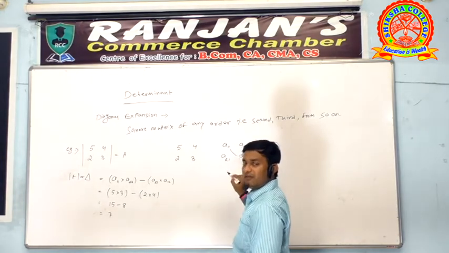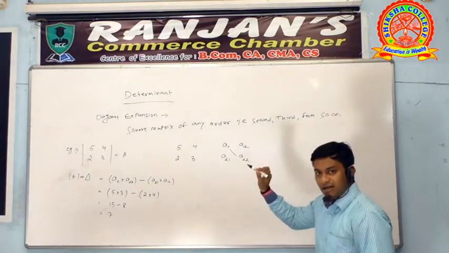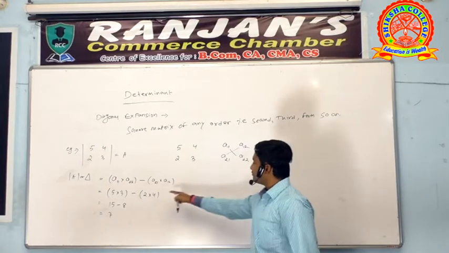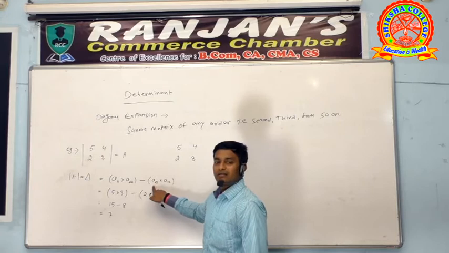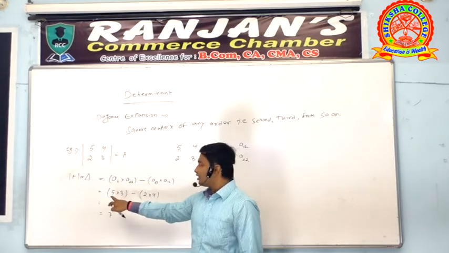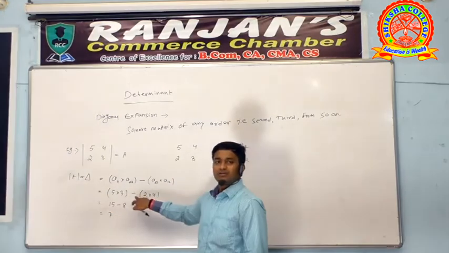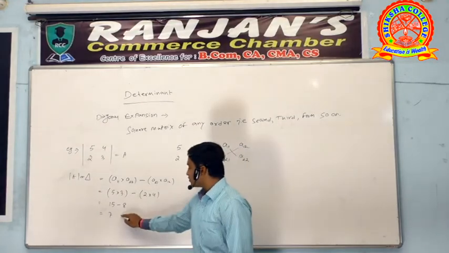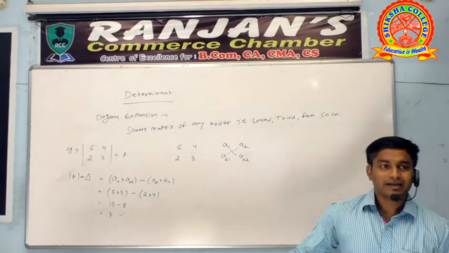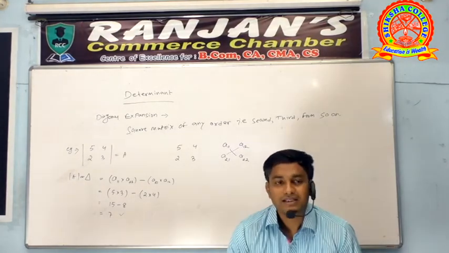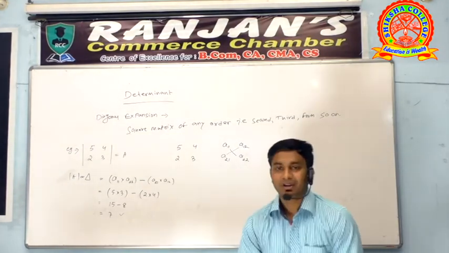Multiply the principal diagonal minus the other diagonal. Then we substitute the coefficient values and arrive at the solution, that is the determinant of A, which is 7. Okay, clear students?